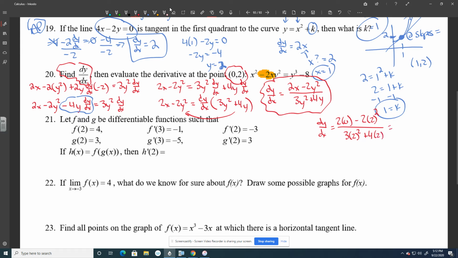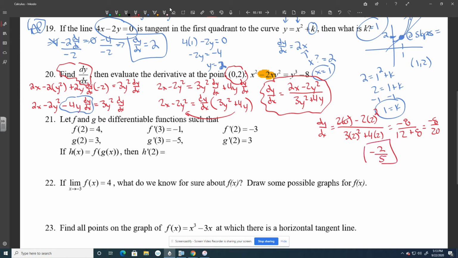So that's going to equal, this goes to 0. 2 squared is 4 times negative 2 is negative 8. 2 squared is 4 times 3 is 12. Plus 4 times 2 is 8. And I get negative 8 over 20, which is negative 2/5.